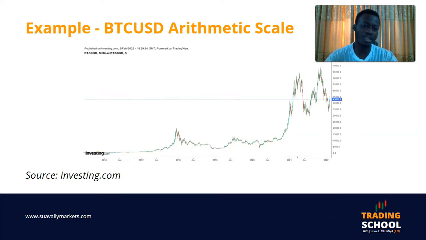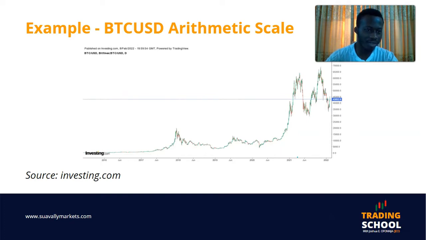Why does this now look so big and huge, like it's taking over the chart? Of course, because we are using a linear scale here. You can see the linear scale goes from 10,000 to 15,000, 15,000 to 20,000 to 25,000.